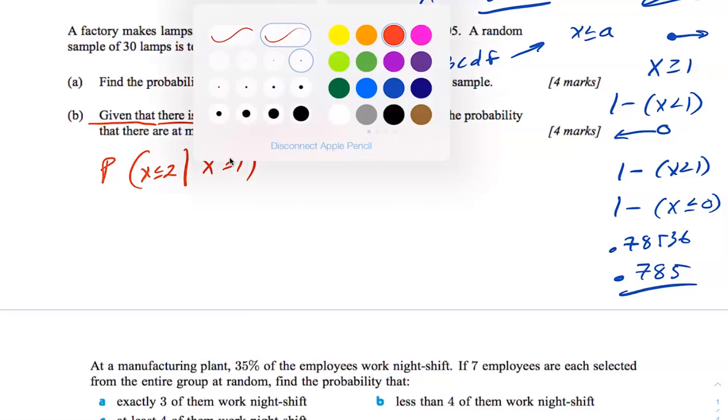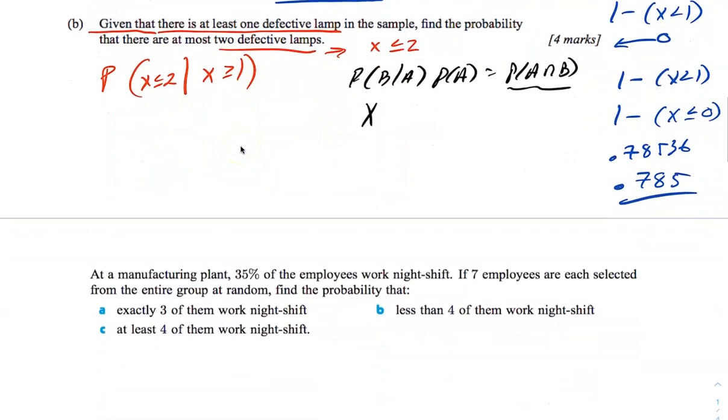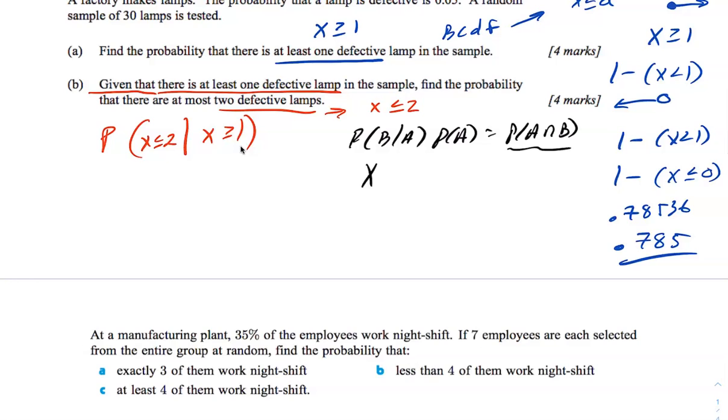So let's use the formula. Remember, the formula is this, and I always say this is the toughest part of it. So this is what I'm looking for. Probability of A given B is the probability of A intersection B over the probability of B. So the second part, I should write that up here: X is greater than or equal to 1.